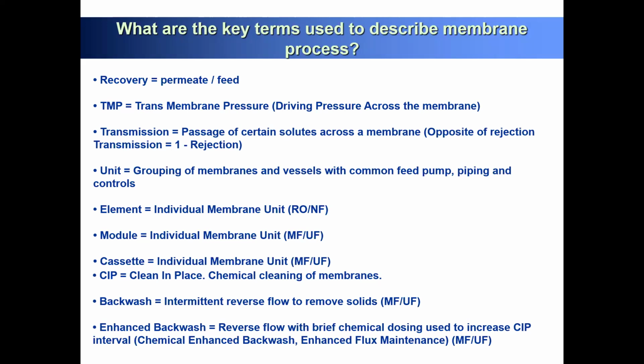Also, TMP, the transmembrane pressure. So when you have a membrane, you pressurize your membrane, and what's happening is that you like to pressurize the chamber, then you like to keep producing water. Then you have fouling occupying the holes.